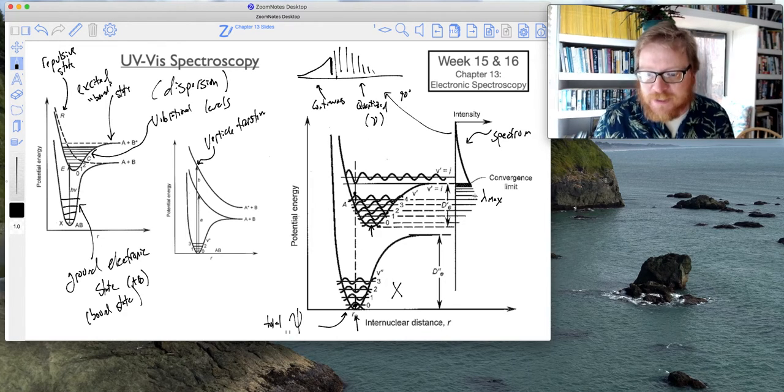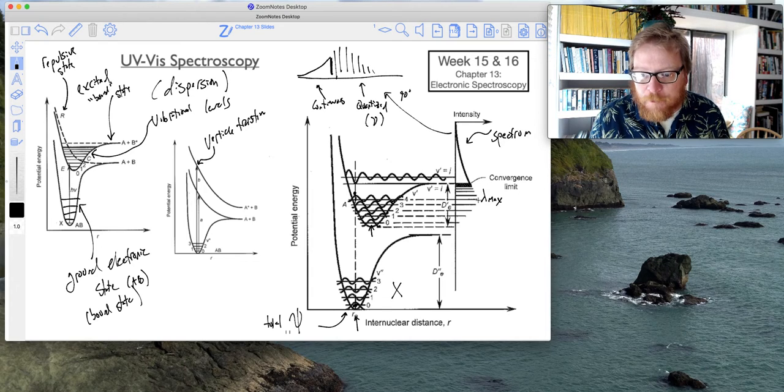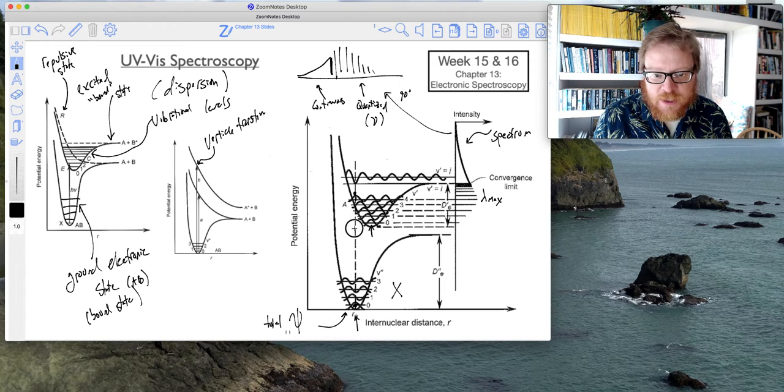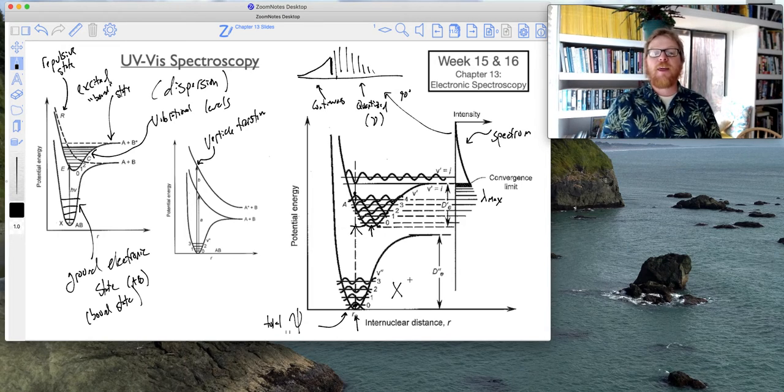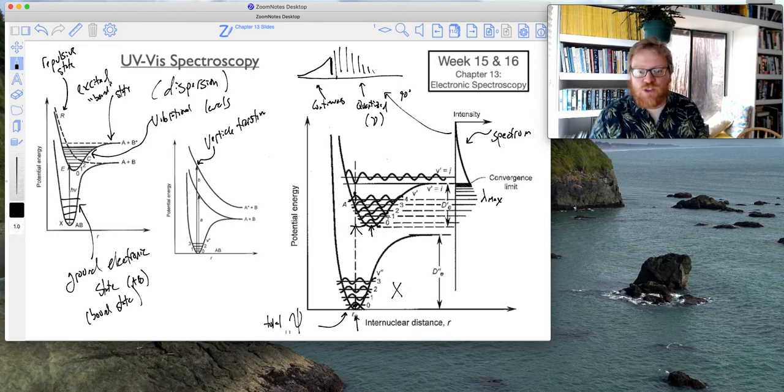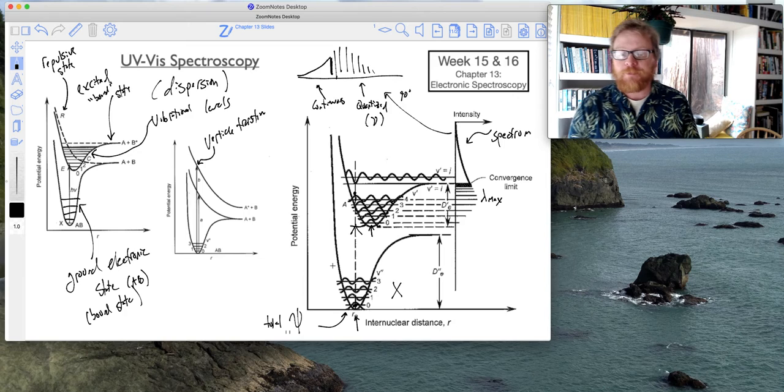So now, as you can see, if we go down this spectra, right, into the less intense transitions, you can see that's due to the fact that if we still do this vertical transition, let's say to this level right here, there is a really, really small probability of finding the electron outside of this potential energy well.